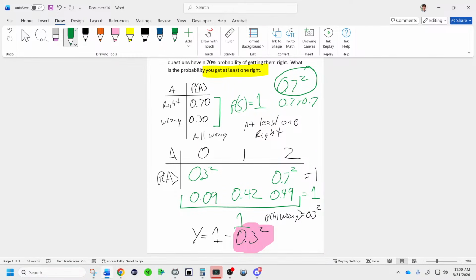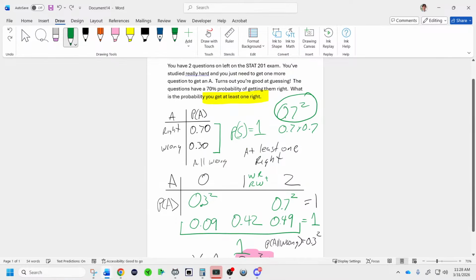And what it is, you could be right, wrong or wrong, right, and you'd add those. And this would be right times right. And this would be wrong times wrong. But there's 2 ways right here. So this is 0.7 times 0.3 plus 0.3 times 0.7. But you can also solve it, and that's what the math up there is showing. Does that make sense?